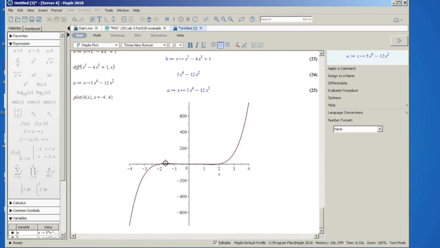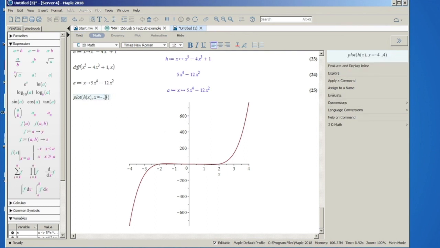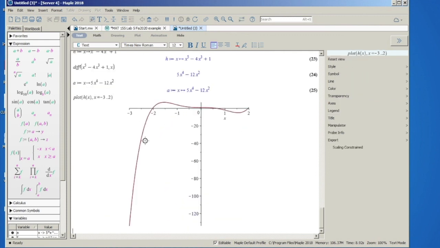Now, if you notice, there's a little bump here and a little portion that's going down here. So let's go -3 to 2, in fact. And bingo. Now we could clearly see that from -infinity to whatever point this is, we are increasing.